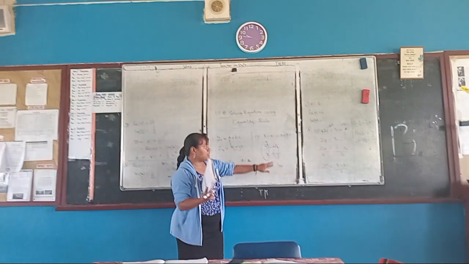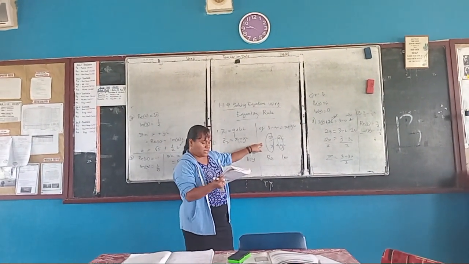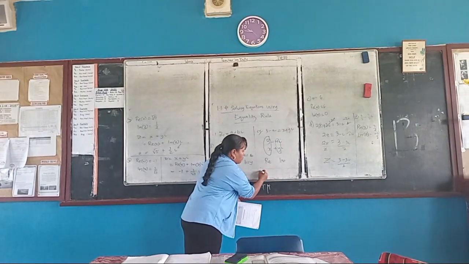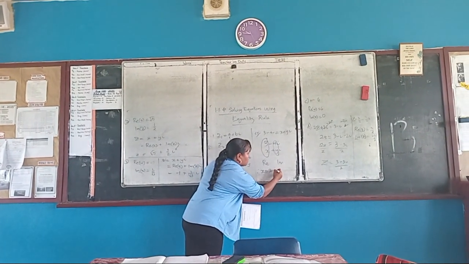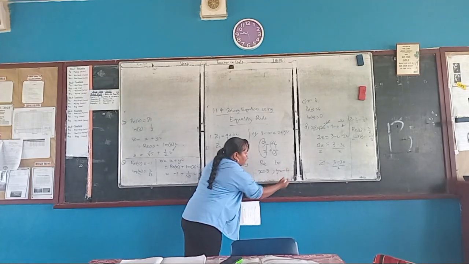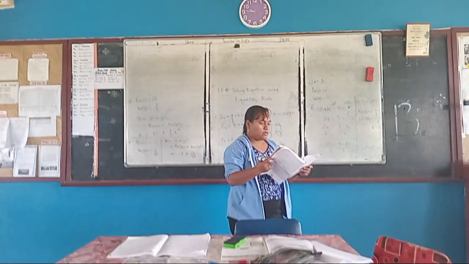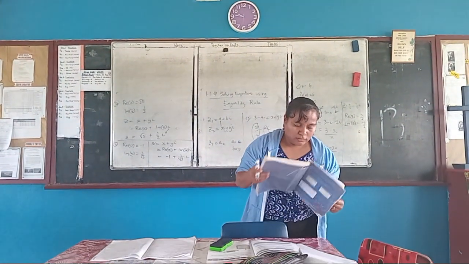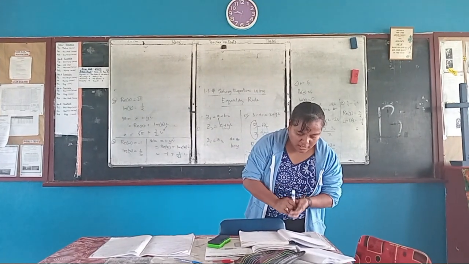This is the real part and this is the imaginary part. So this states that x is equal to 3, y is equal to negative 4. So these are the two parts.